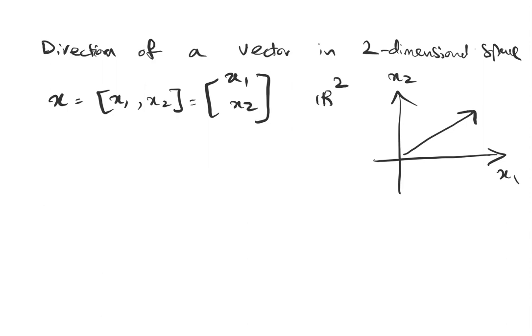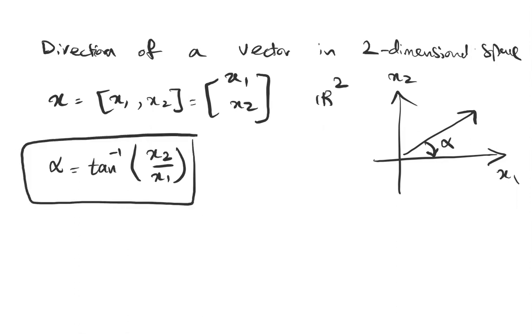We basically want to measure this angle. Let's call this angle alpha. So how do we measure alpha? We say alpha is tangent inverse of x2 divided by x1. So this gives us the direction of our vector.